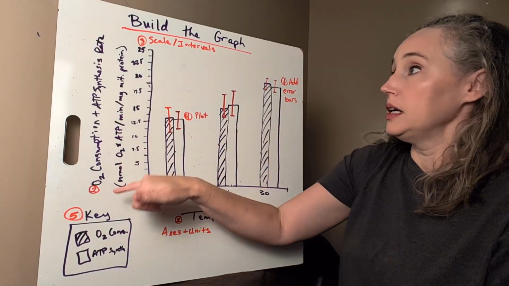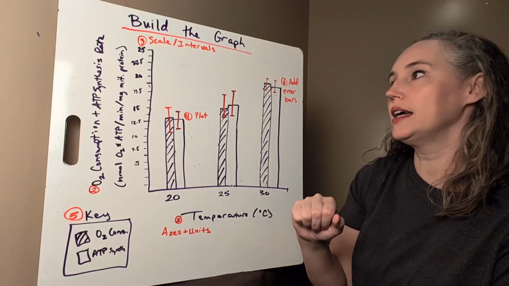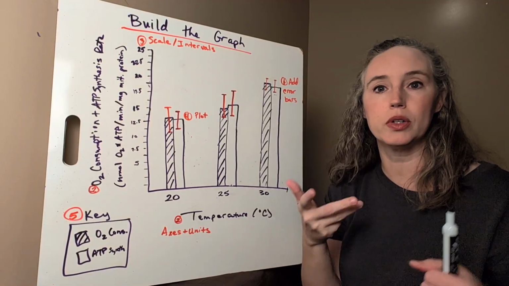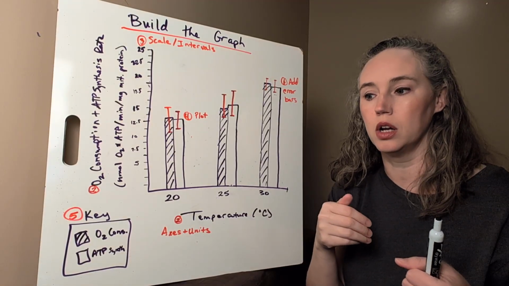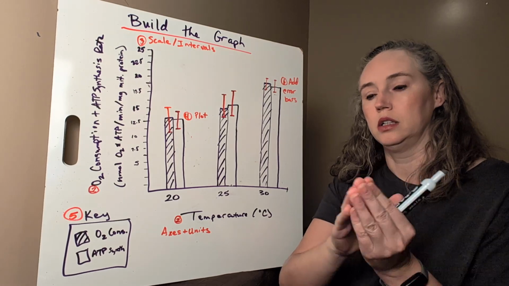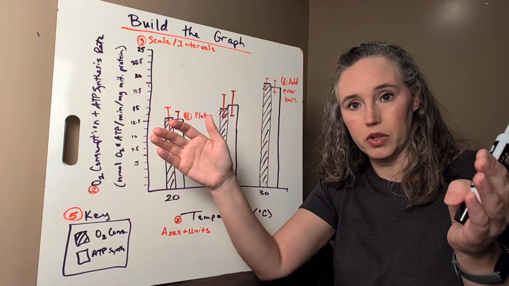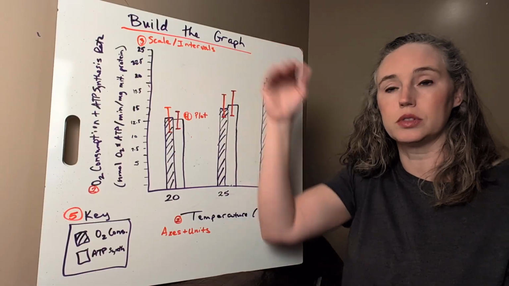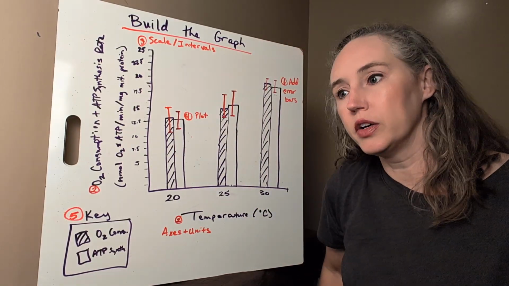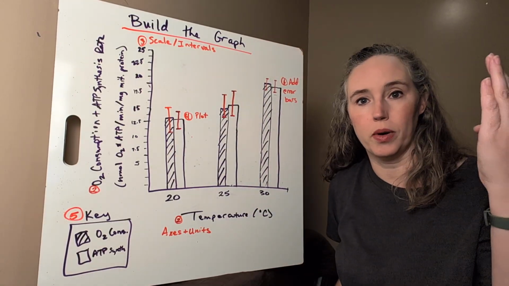So step 3, we're going to add our scale and intervals. So remember, scale is we're going to start at this number and we're going to end at this number. It's the range of numbers that we're going to use. And then our intervals are what we're going to count by.